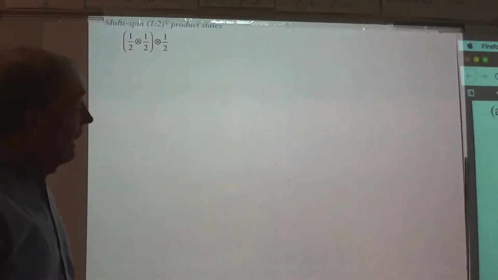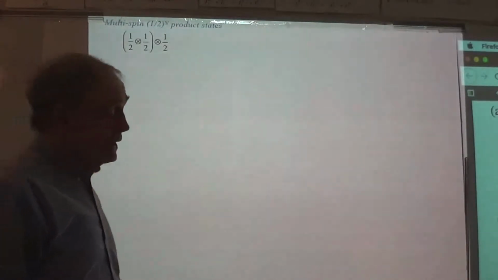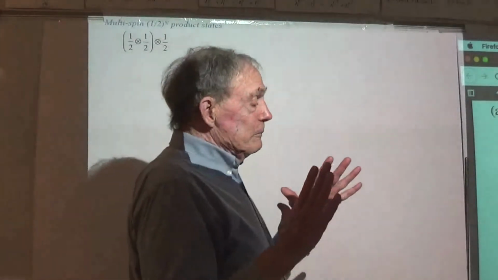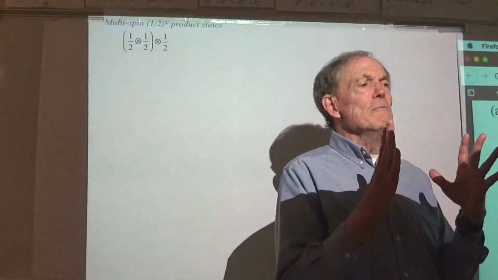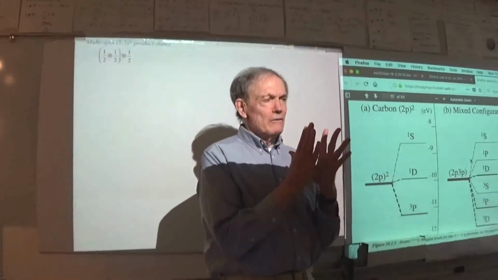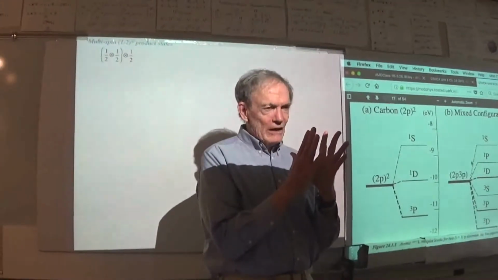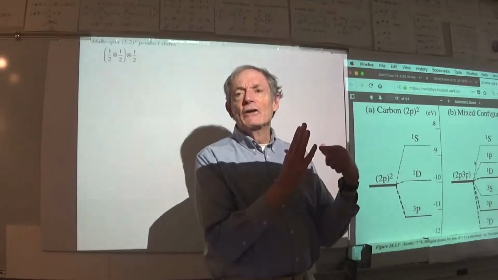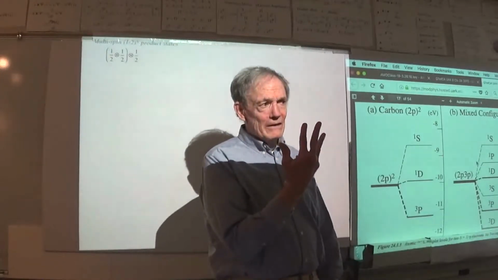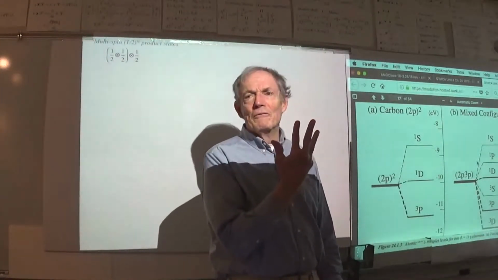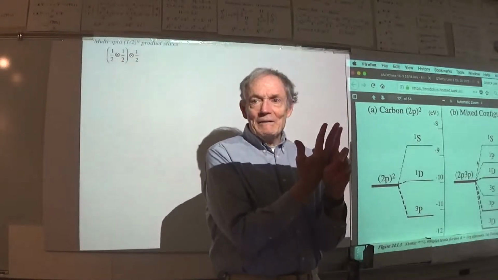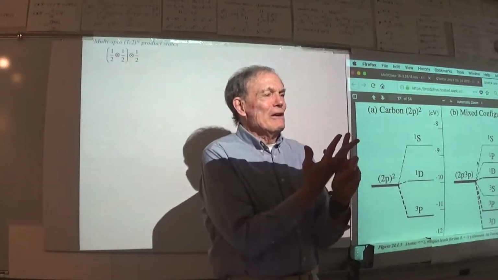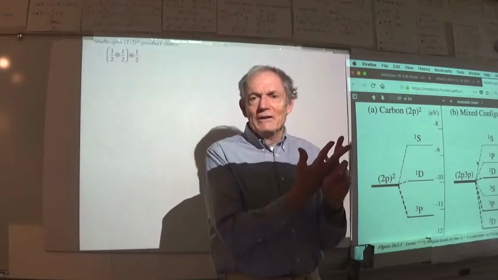Okay, now here's where we take the simple elementary marriage, the pairing of two angular momentum states, and say, hey, let's get them a third. Oh, 3's good, 4's better, right? We're just throwing tradition to the winds here.